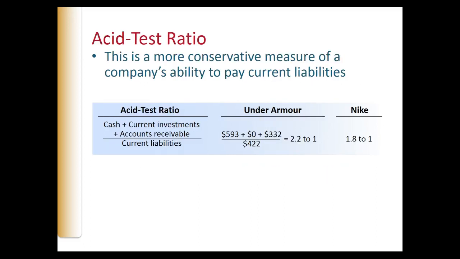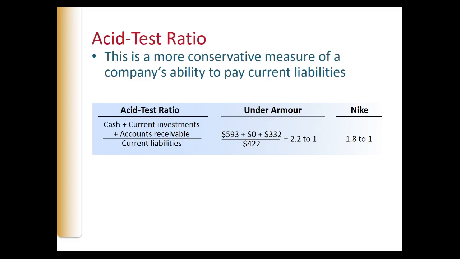Now, another liquidity ratio is the asset test ratio. It's similar to the current ratio, but it's a much more conservative measurement of current assets available to pay current liabilities. Specifically, the top half of the fraction includes only cash, current investments, and accounts receivable.